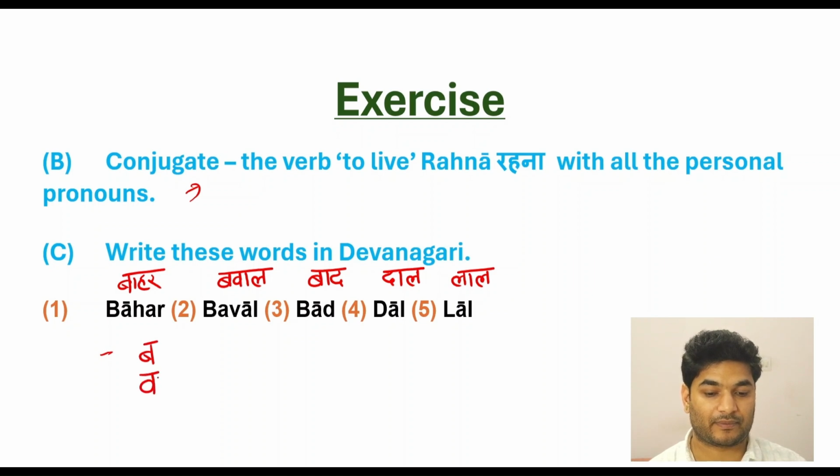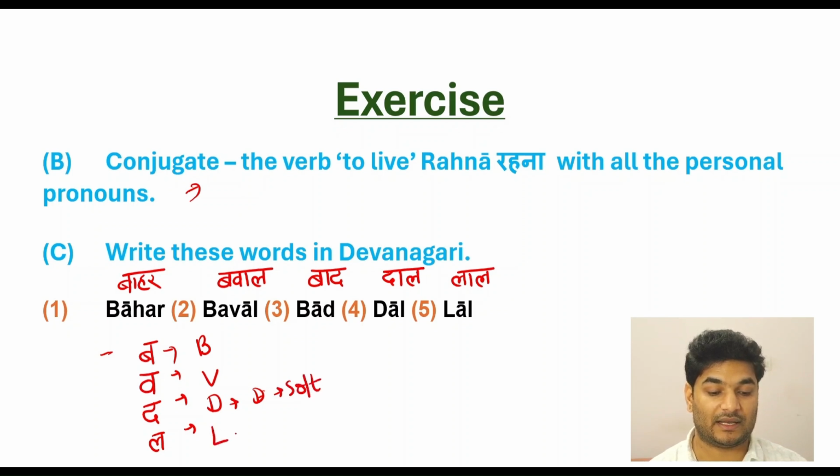There are 4 consonants which you can practice here. B is equivalent to V, D, but D soft, right? And L. Bahar, Bawal, Bad, Dal, and Lal. You can practice all these 4 consonants. You write again and again these words, and this will help you.